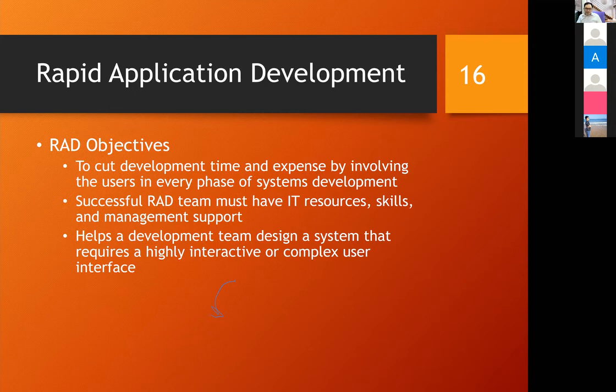That means if users are not okay, the programmers have to change a lot of things and it wastes time. RAD is different because users help you design at the beginning and the programmers do it gradually. So when we have small modules, users can give you feedback straight away. If the programmers have to change something, they change just a little bit only. So it doesn't waste lots of time when compared with the conventional way of development.